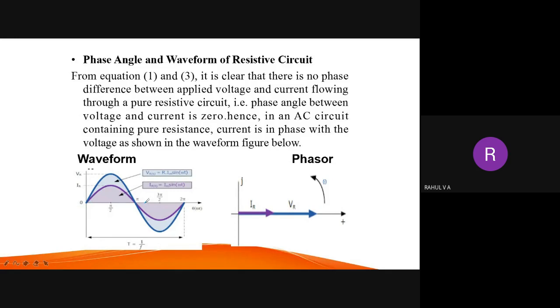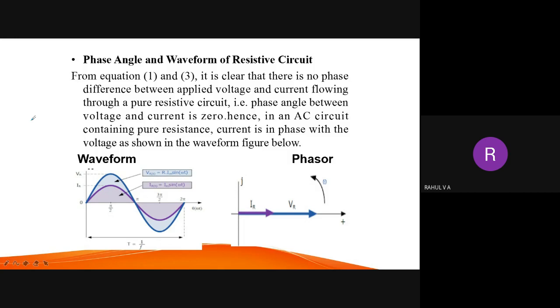There is no phase difference at all. But if you closely observe the magnitude, you can see that the magnitude of the violet current waveform is lesser than the magnitude of the voltage waveform. You can notice that. Why is it so?